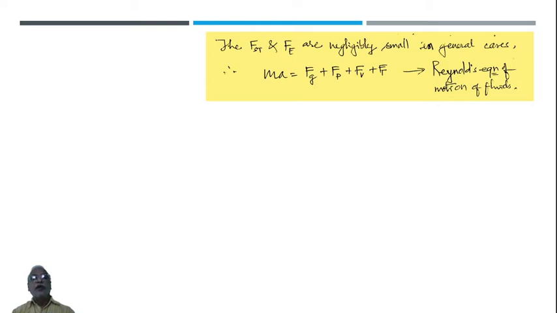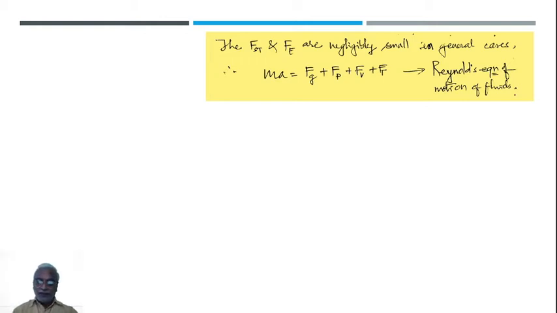Now, if you leave these two, then the remaining forces should be equated to ma. So you have gravity, pressure, viscous, and turbulence forces. If you consider all these forces and then equate to ma and then analyze, this equation is known as the Reynolds equation of motion of fluids.